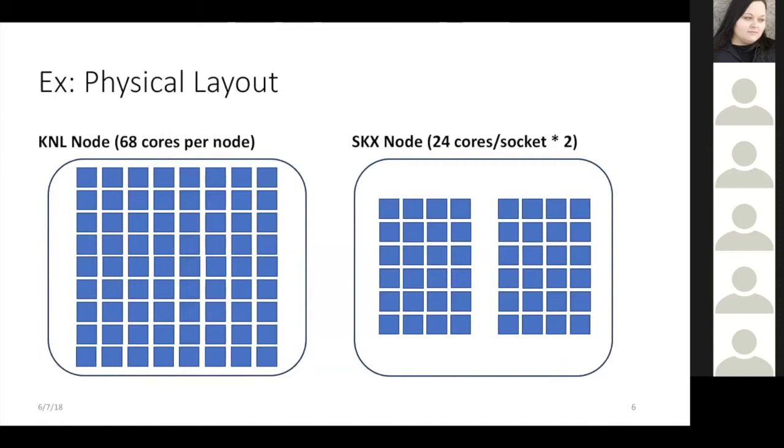So the KNL nodes tend to be better for the first kind of job I described, where you have multiple serial tasks that can be run independently but can be run all at once. Whereas the Skylake nodes tend to be better for MPI and parallel programming because the clock speed is higher and it's able to process the interaction between each task at a higher rate.